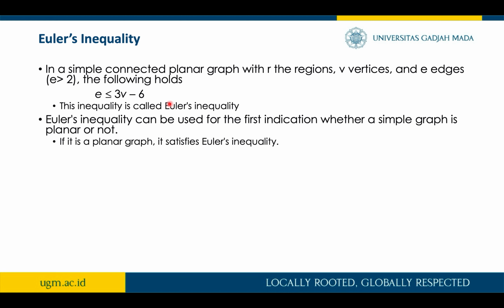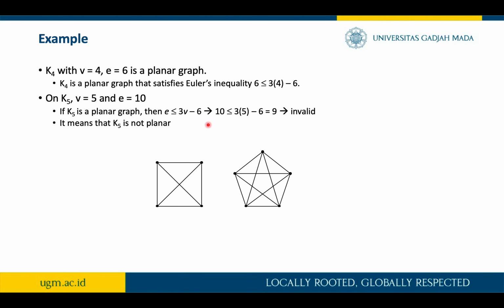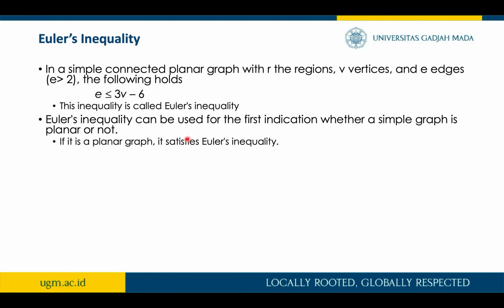This can be used as a first indication of whether a simple graph is planar or not, but it is not a sufficient requirement.